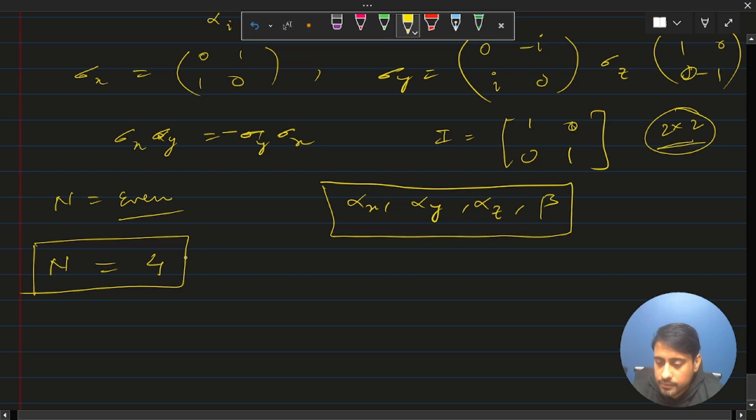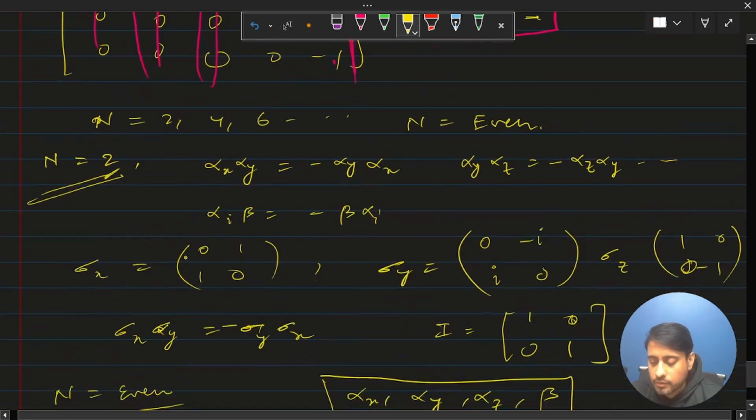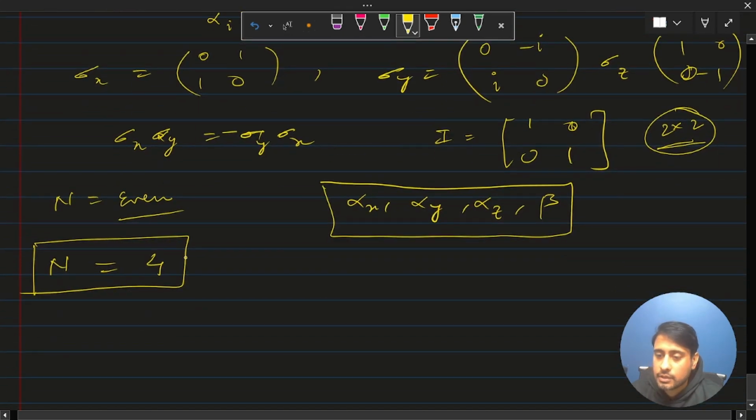For the n equal to 4 case, we will go further and see what kind of matrices these are, and how the properties of matrices which we already listed will help us to derive something new which we could not find using the Klein-Gordon equation.